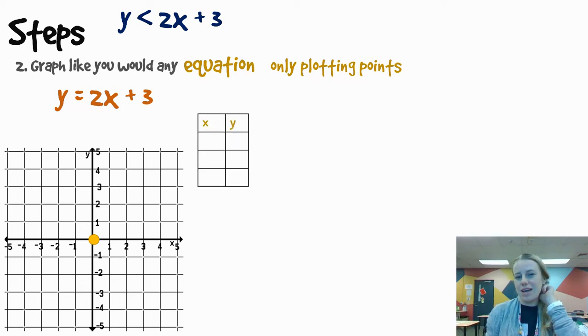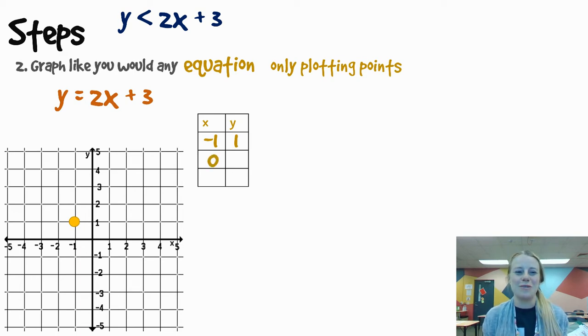Okay, so remember plotting points. Let's do our x and y table. And you know I like the easy ones. So if x is -1, I plug in -1 where I see x: 2 times -1 plus 3 to get my y, and that is 1. So when x is -1, y is 1. And that is this point right here. Remember, x's and then y's.